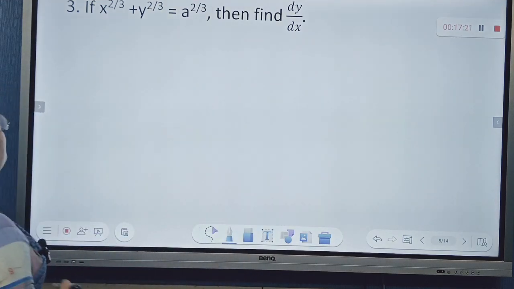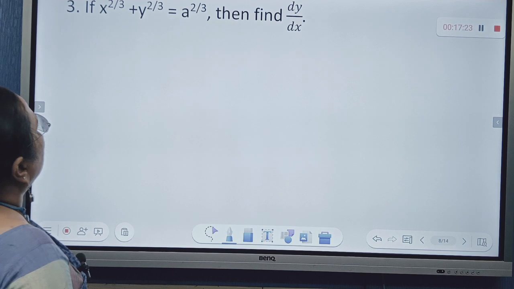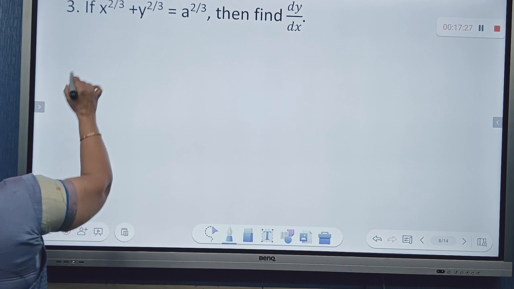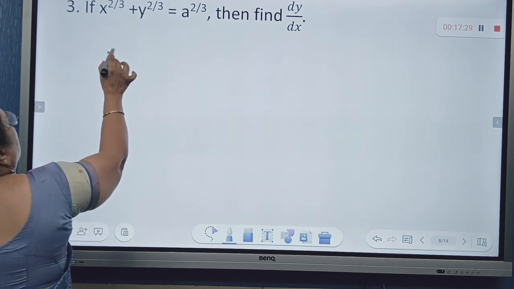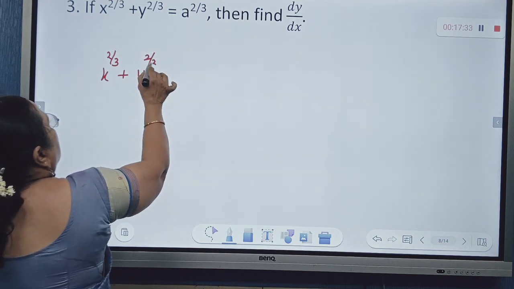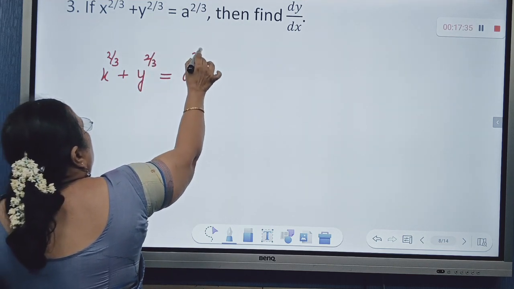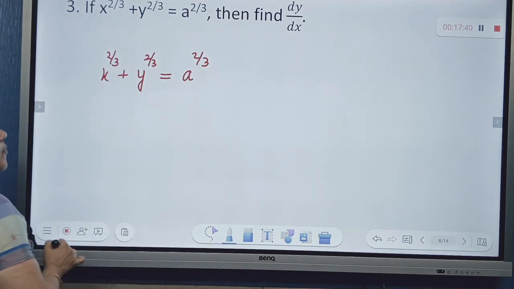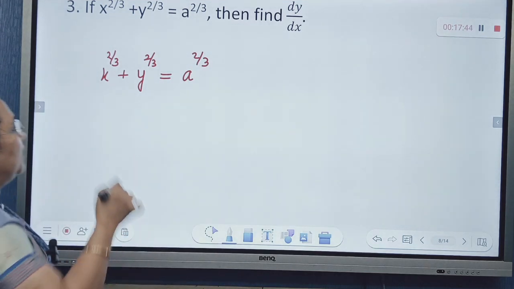Now x power 2 by 3 plus y power 2 by 3 equal to a power 2 by 3. You have to find dy by dx. So first, when I differentiate, this is of the form x power n. What is the derivative? n x to the power n minus 1.